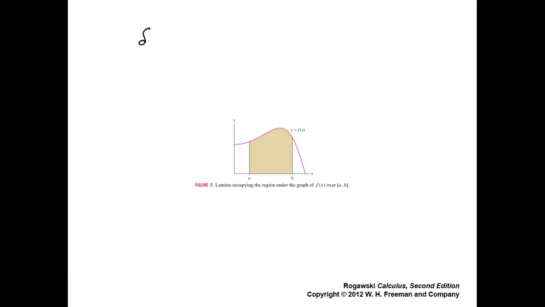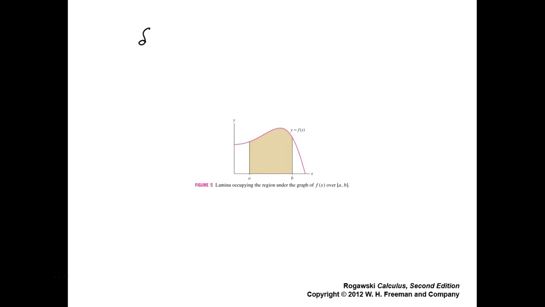Where f is continuous and f of x is always greater than or equal to 0. So that's what this is showing us here. Here's your function, y is equal to f of x, right? Okay, it's always greater than 0 on this interval from a to b, x going from a to b, and we're going to assume everything is uniform under here.